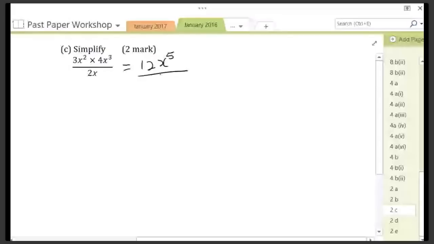Now remember that any quantity that doesn't have a power, the power here is 1. And when you're dividing and the bases are the same, you subtract the powers. So by the laws of indices, this becomes 5 minus 1 is 4, and 12 divided by 2 is 6. So that's the answer: 6 multiplied by x to the power 4, or 6x to the power 4. Is that clear with you all?